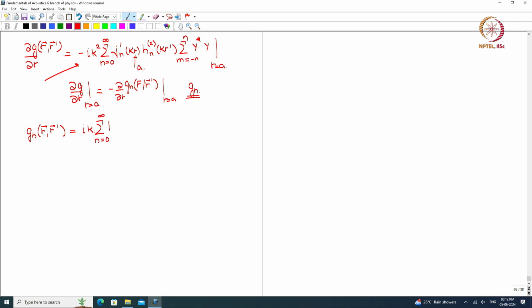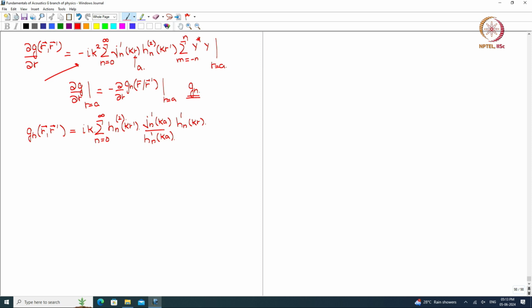Then I have a Hankel function k r dash which is there on the top also. Then here j n dash of k a by Hankel n dash of k a and Hankel function of k r, because it is in the exterior domain, r can go up to infinity.